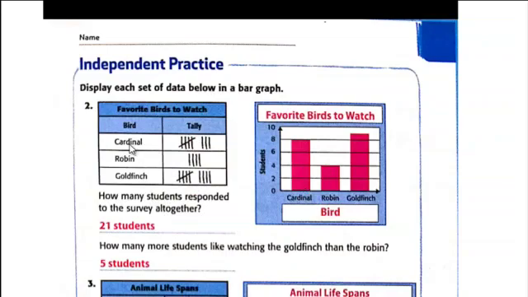Here in front of cardinal there are 8 tally marks. So here in front of cardinal draw a vertical bar and stop here at number 8. Second bird, robin. There are 4 tally marks. So draw these tally marks here as a vertical bar and stop here at number 4.